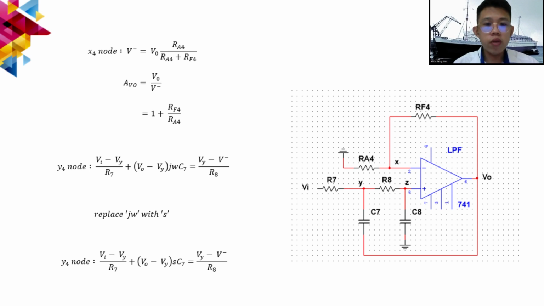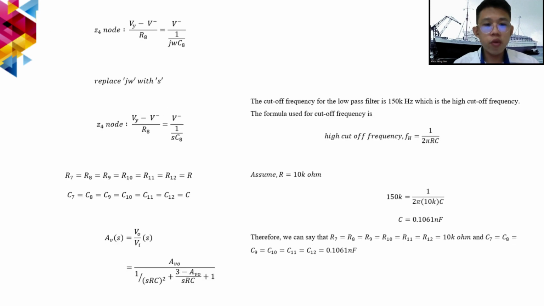For the Y node, (VI minus VY) over R7 plus (VO minus VY) divided by SC7 is equal to (VY minus V negative) divided by RA. For the Z node, (VY minus V negative) divided by RA is equal to V negative divided by 1 over SC8. We assume that R7 until R12 is equal to R, while C7 until C12 is equal to C.